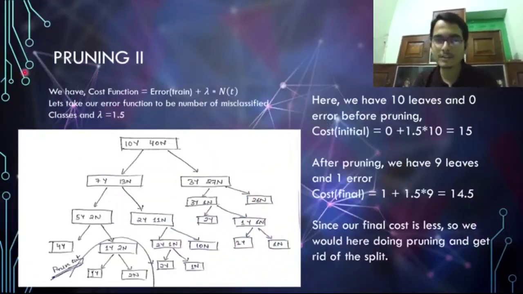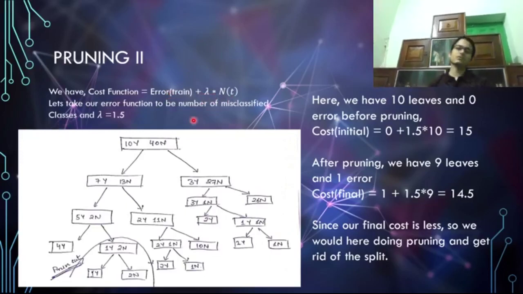We have our cost function, which is error plus lambda times n of t. Let us take the error function to be the number of misclassified points. The error function may be many other things, but for simplicity let us take this.